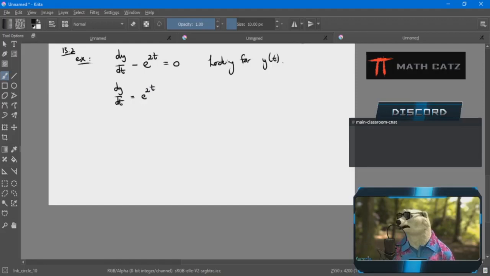That means what I'm really looking for is a function whose derivative is e to the 2t, which means I'm looking for the antiderivative of e to the 2t. So the differential equation is just a different spin on the antiderivative question.